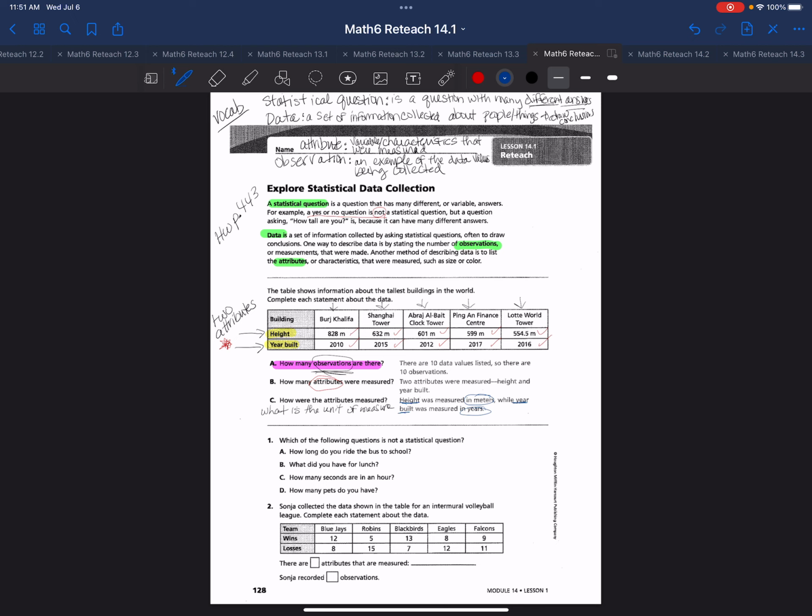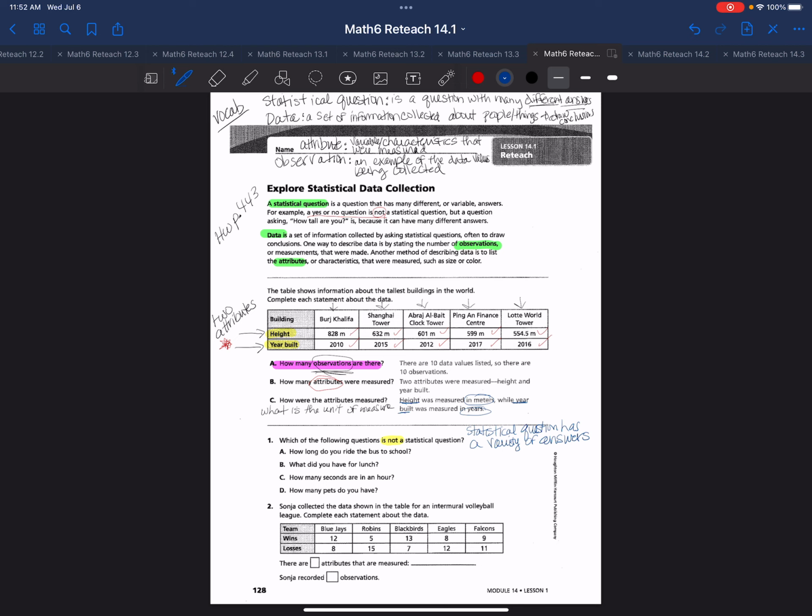All right, let's look at the example below. Which of the following questions is not a statistical question? So we first have to understand what is a statistical question. Remember, a statistical question has a variety of answers.